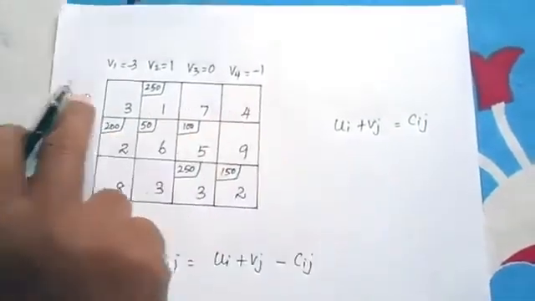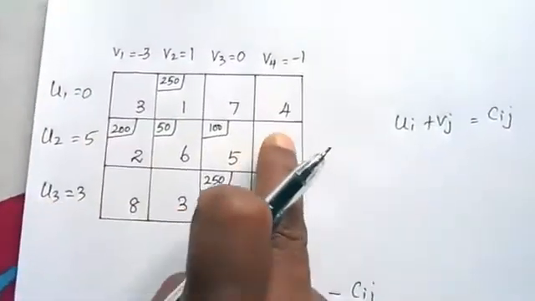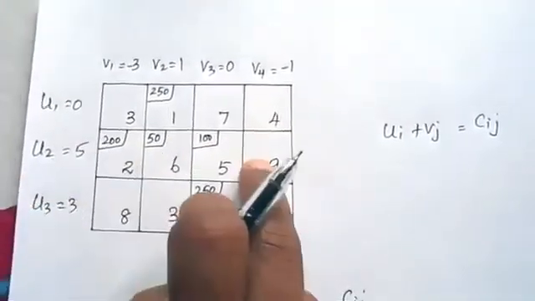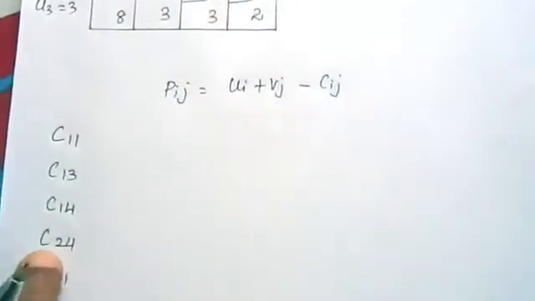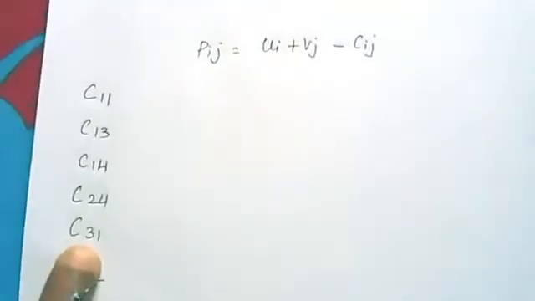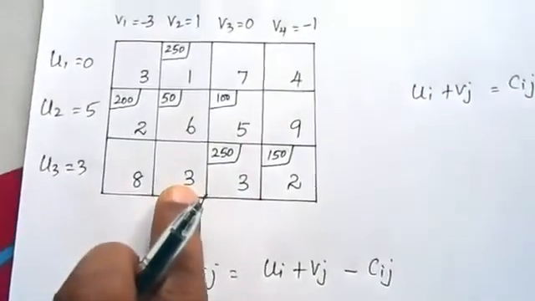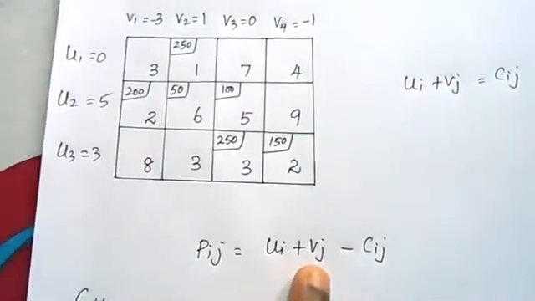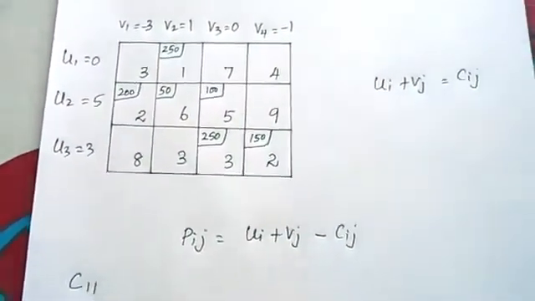This cell represents C14. In the second row, this cell is a non-allocated cell. For this, you need to write C24. Then in the third row, this one is C31. Then the last one, C32. Okay, now we have to apply this formula to find the penalty for all non-allocated cells.